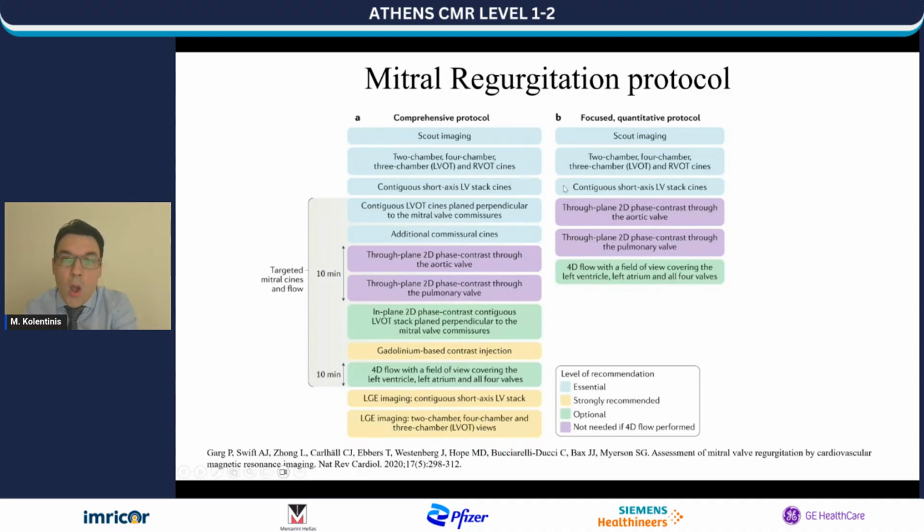But we can also perform it in under 20 minutes using only cine imaging. As I mentioned earlier, it's maybe the most important, and also a short axis stack in order to derive the stroke volumes through volumetry and the stroke volumes through the flows. No LGE, no nothing.